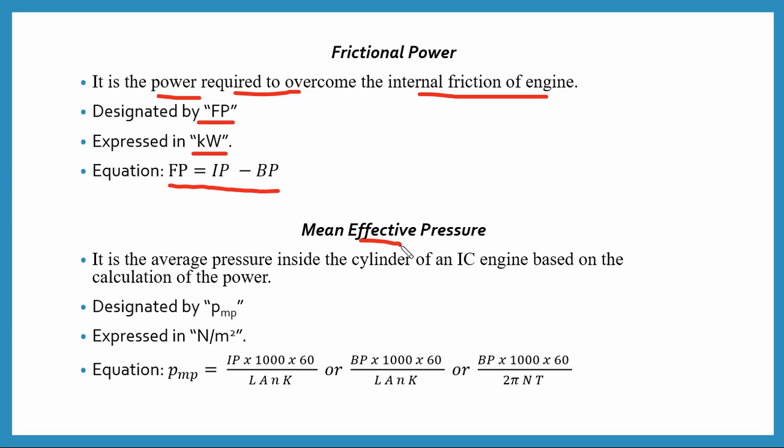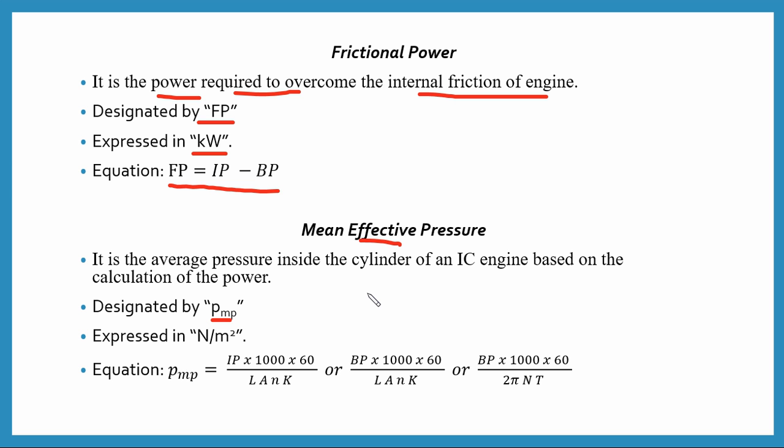So this is called the mean effective pressure, and it is designated by PMP. When we are talking about the brake mean effective pressure, then it is designated by PBMP.